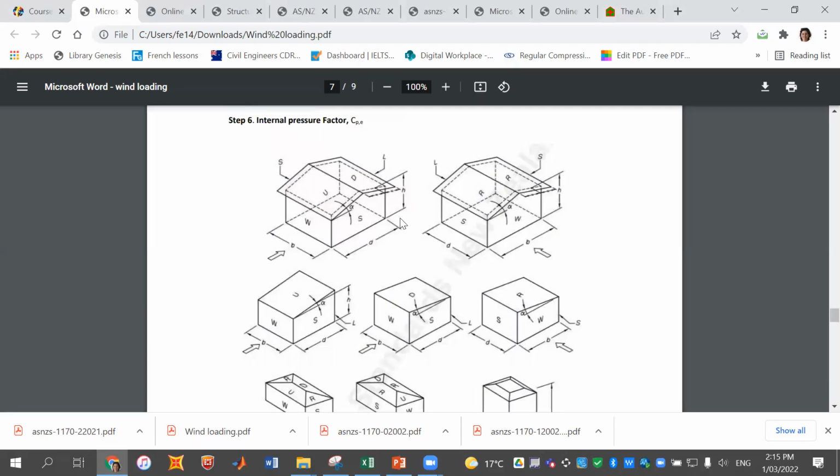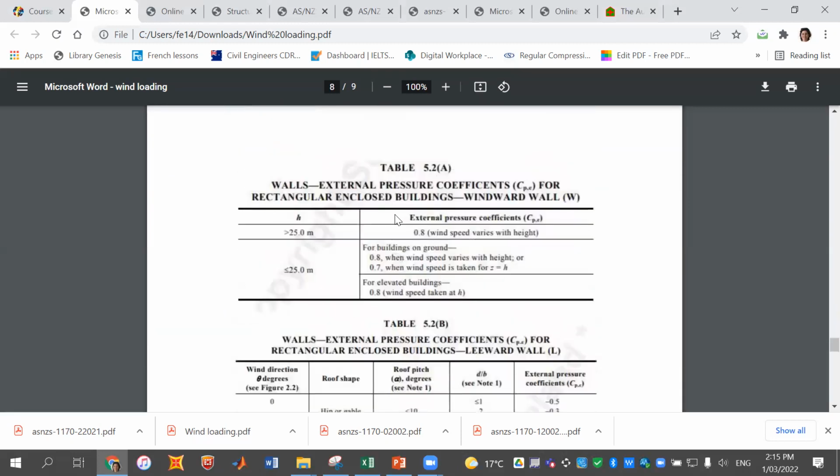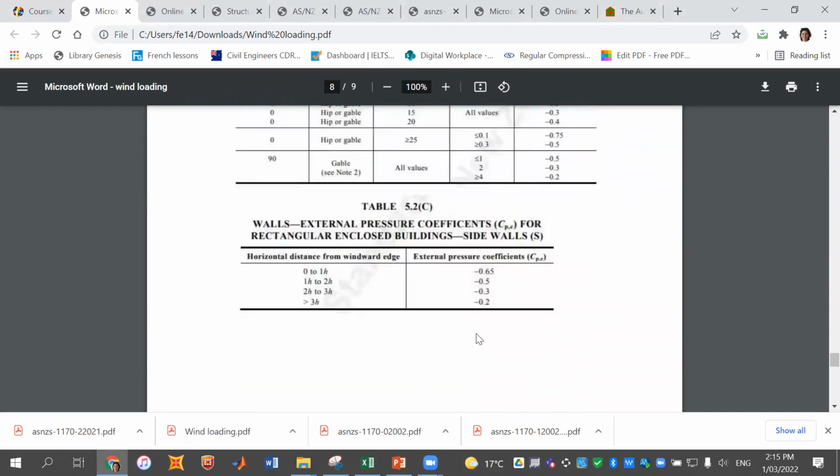The height will be calculated from the ground to the middle of your roof if the roof is not flat. Then you can come to these tables. For windward walls, you read the factor from this table. For leeward walls, you choose the number from this table. And for side walls, you choose from this table.